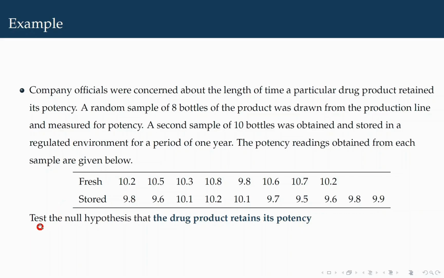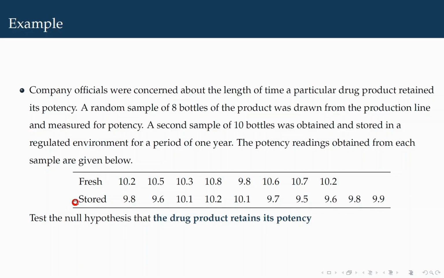So here we are asked to test whether the drug product retains its potency. We have these two groups, fresh and stored. The fresh is taken from the production line directly, and the second sample is the one that is stored for a period of 1 year.